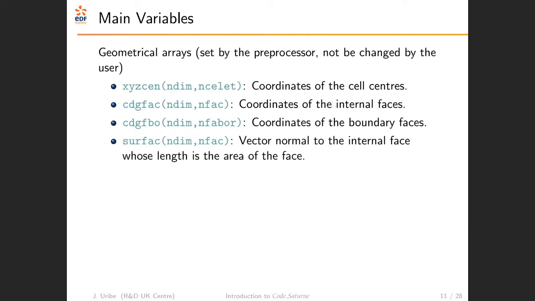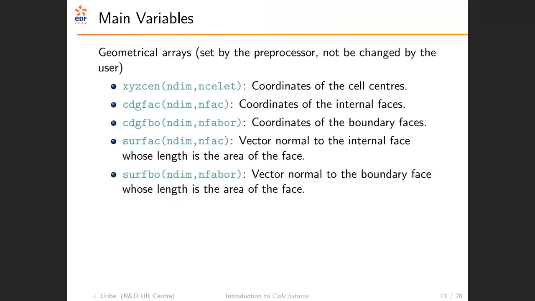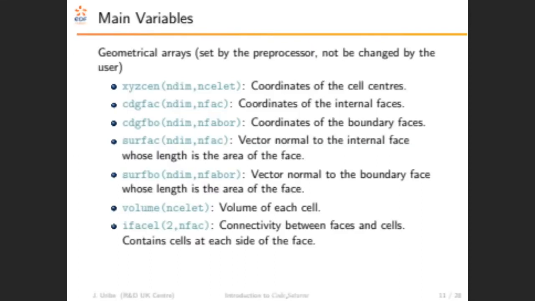SURFAC is the vector normal to the face, internal face. The length of this vector is the area of the face, and SURFBO is the same but for a boundary face. VOLUME is the volume of each cell. As said before, we have finite volumes discretization in Code Saturne, so that's very, very important. Everything is volume weighted.